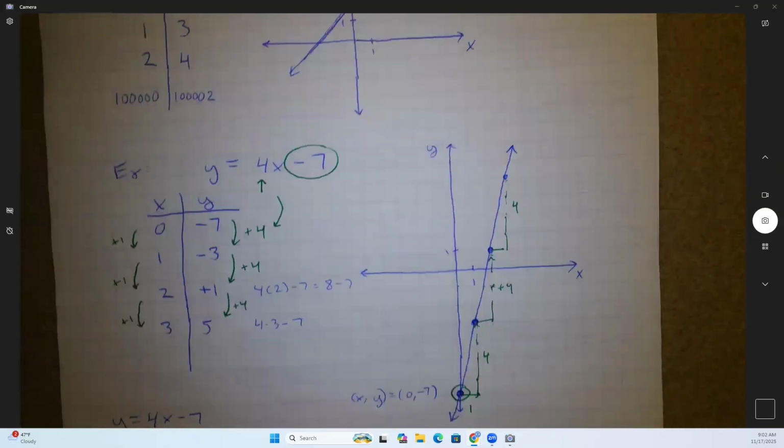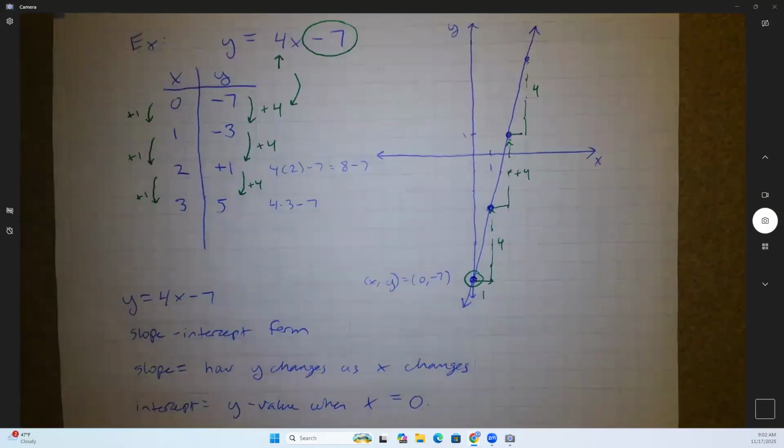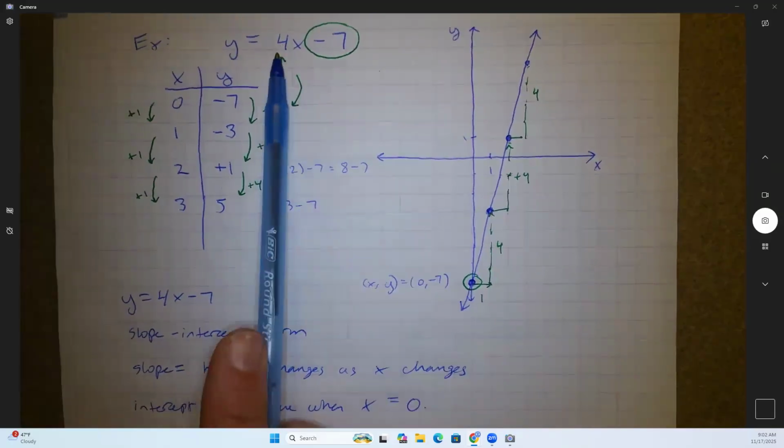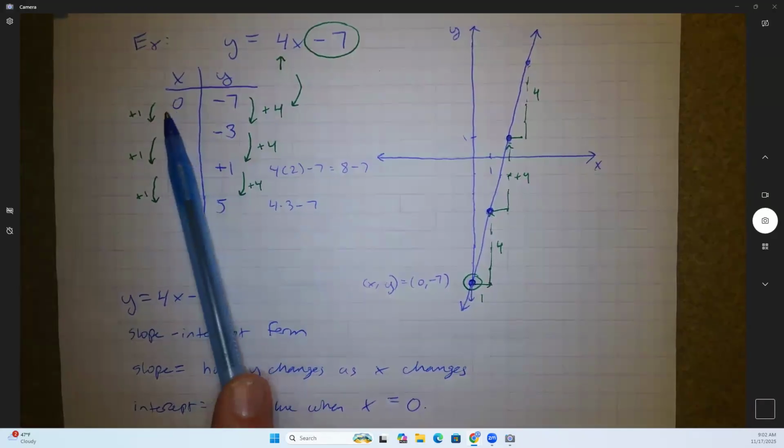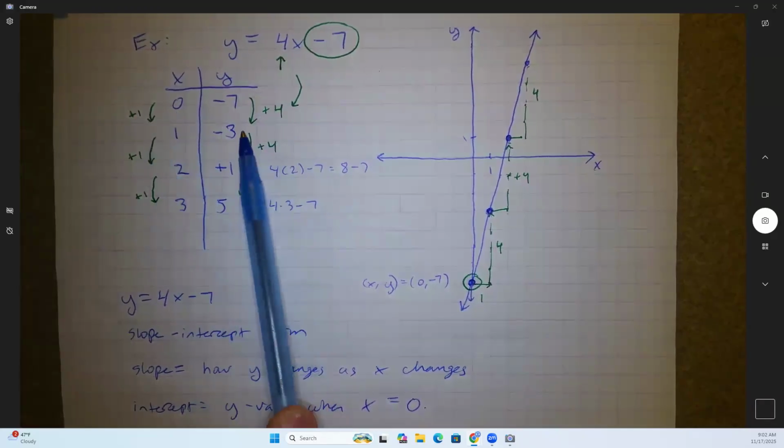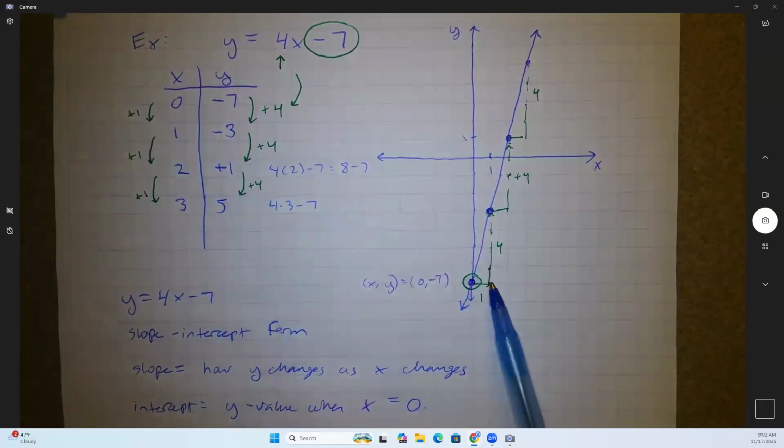You can figure out how y changes as x changes from the formula. Y goes up by 4 when x goes up by 1. You could also figure it out from the table. When x goes up by 1, y goes up by 4. And you can also figure it out from the graph. When x goes up by 1, y goes up by 4.